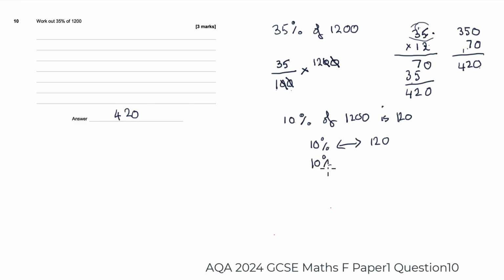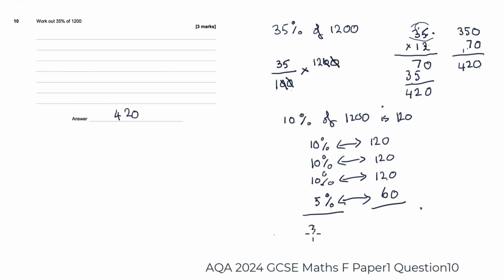Another 10% would give us another 120. And another 10% would give us another 120. So so far we have 30%. How do we get the final 5%? Well, that's a half of 10%. So 5% will be a half of 120. That's 60.